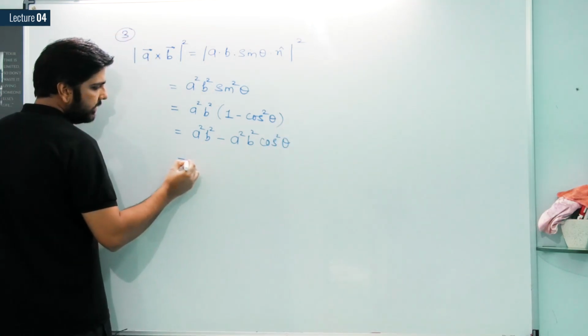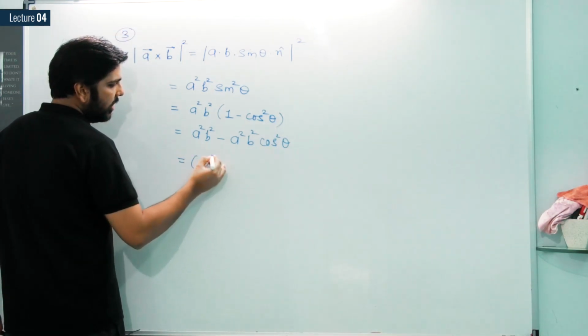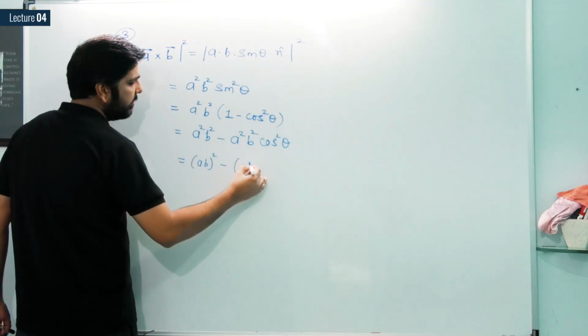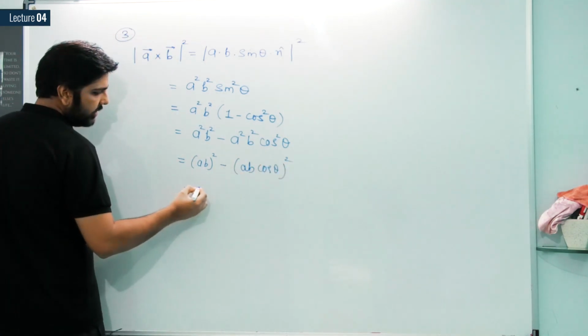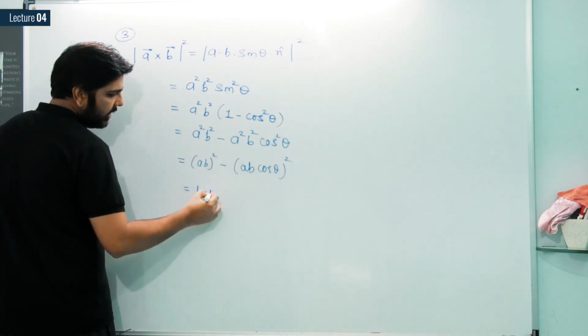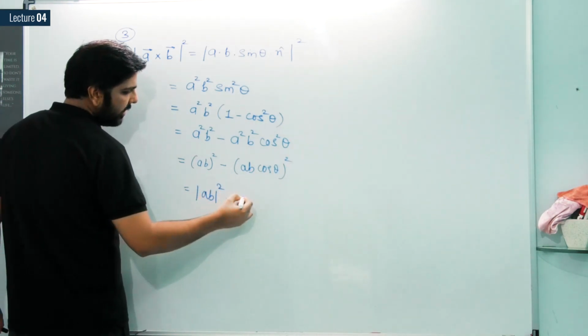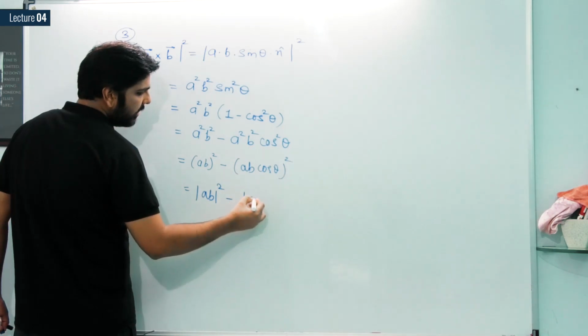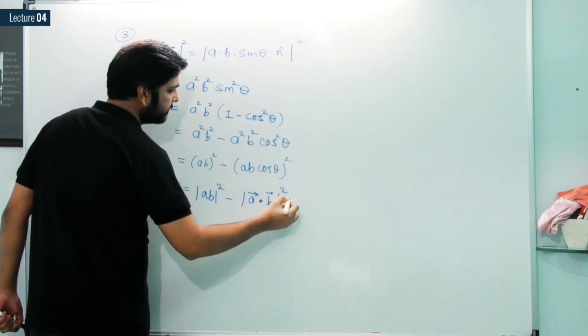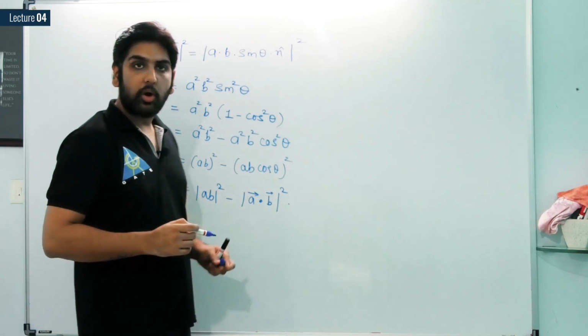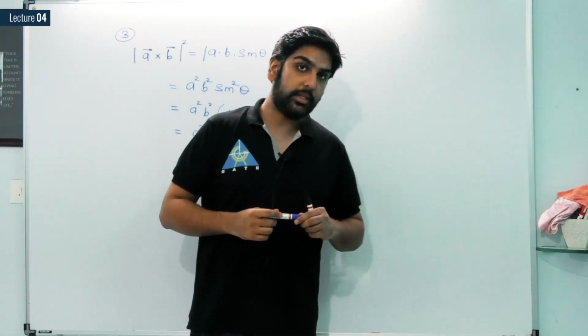I can write it like this: ab whole square minus ab cos theta whole square. This second term is nothing but vector a dot vector b whole square, because a dot b is nothing but ab cos theta, dear students.